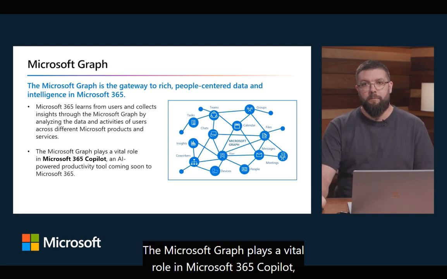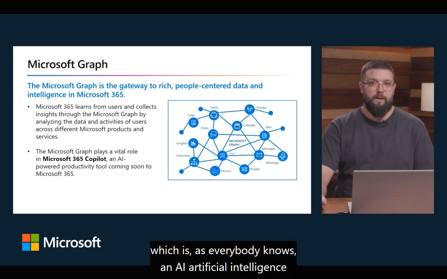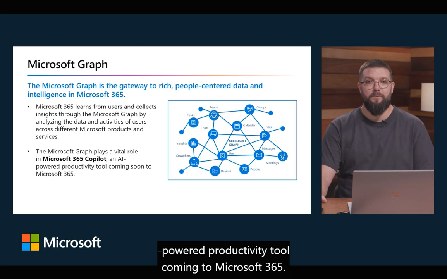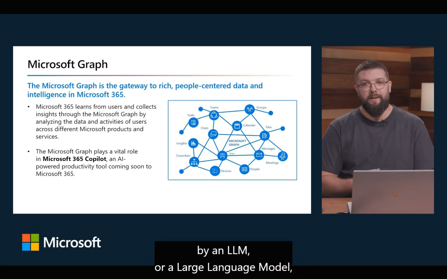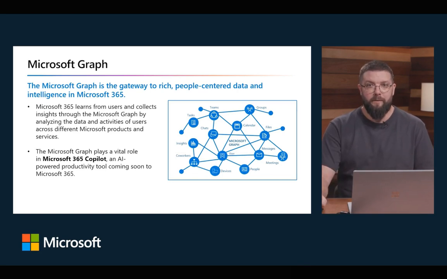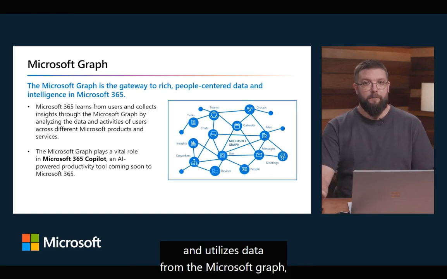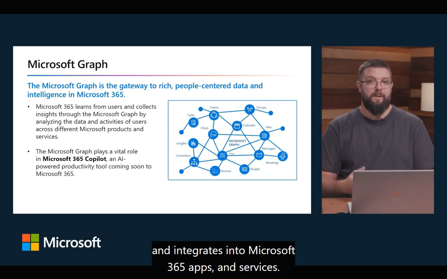So the Microsoft Graph plays a vital role in Microsoft 365 Copilot, which is, as everybody knows, an AI, artificial intelligence powered productivity tool coming to Microsoft 365. Microsoft 365 Copilot is powered by an LLM, or a large language model, and utilizes data from the Microsoft Graph and integrates into Microsoft 365 apps and services.